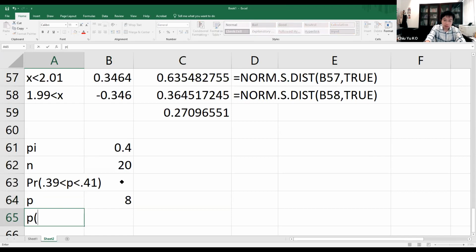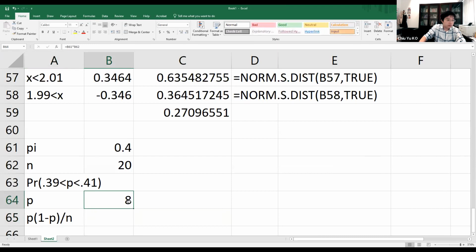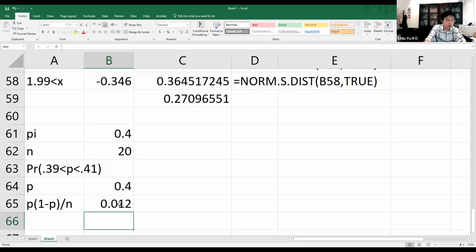And we want P(1 minus P) over n, which will be the variance of the mean. So that's why we need this. It will be equal to 0.4 times 0.6 divided by 20.